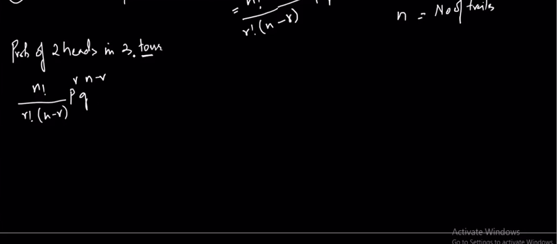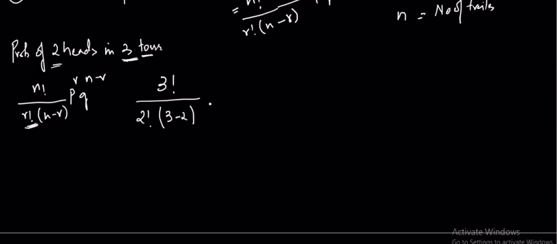So now let me put in the values: the number of trials is 3, so this is 3 factorial. The number of successes desired is 2, therefore 2 factorial, and then the number of trials 3 minus 2, factorial.